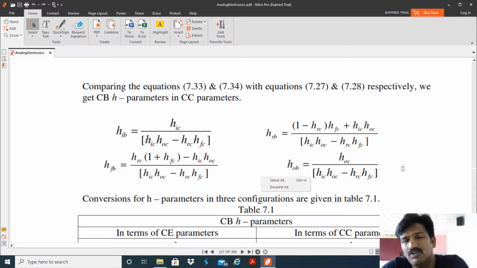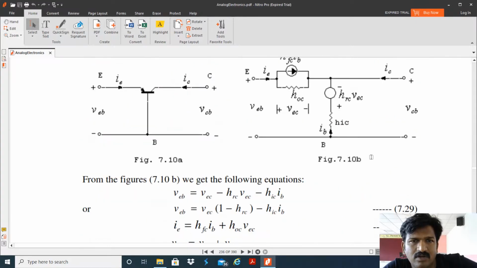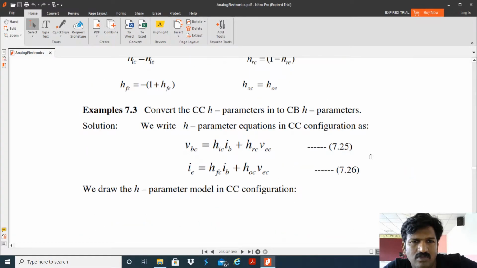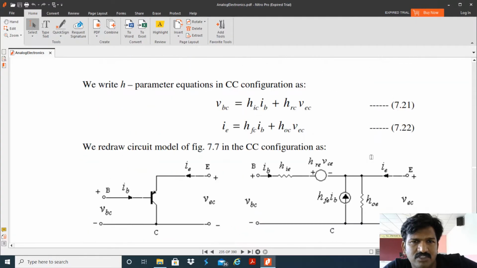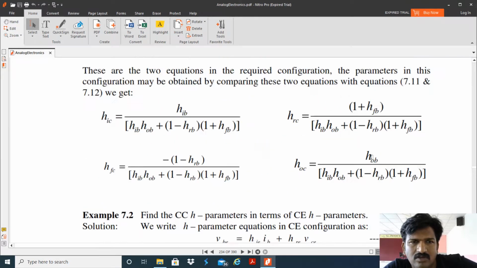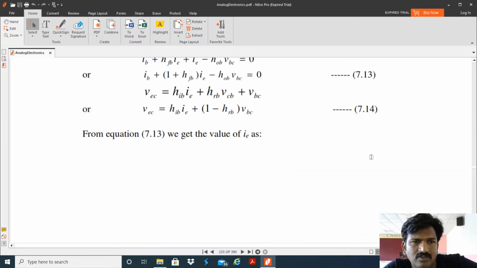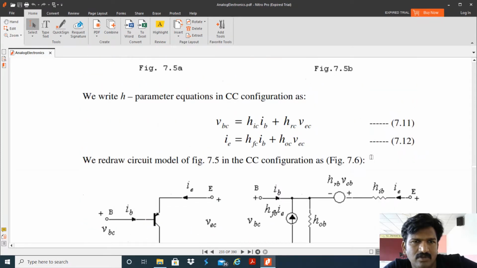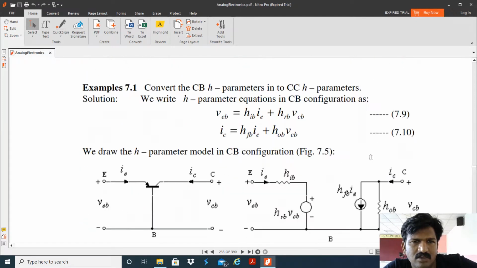Like this, you should write one example at your home. That is example 7.1: convert CB H parameters into CC configuration.